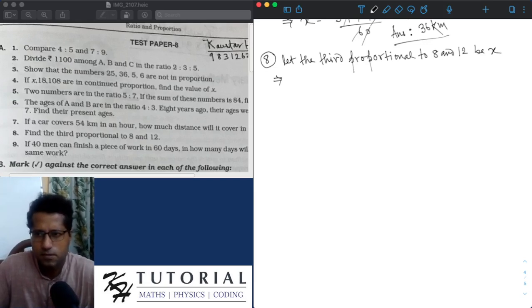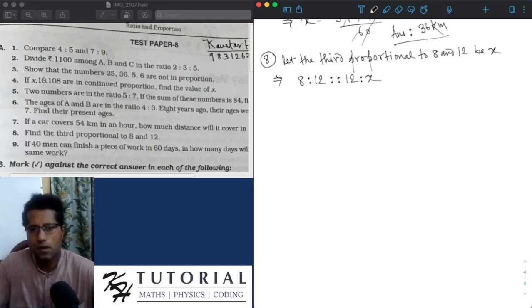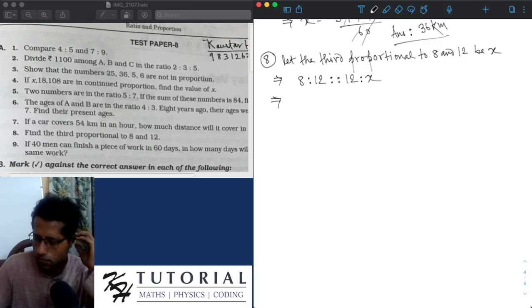This implies that 8 is to 12 will be equal to 12 is to x. Now, using the formula, if a, b, c are in continued proportion, we know that b square will be equal to ac.